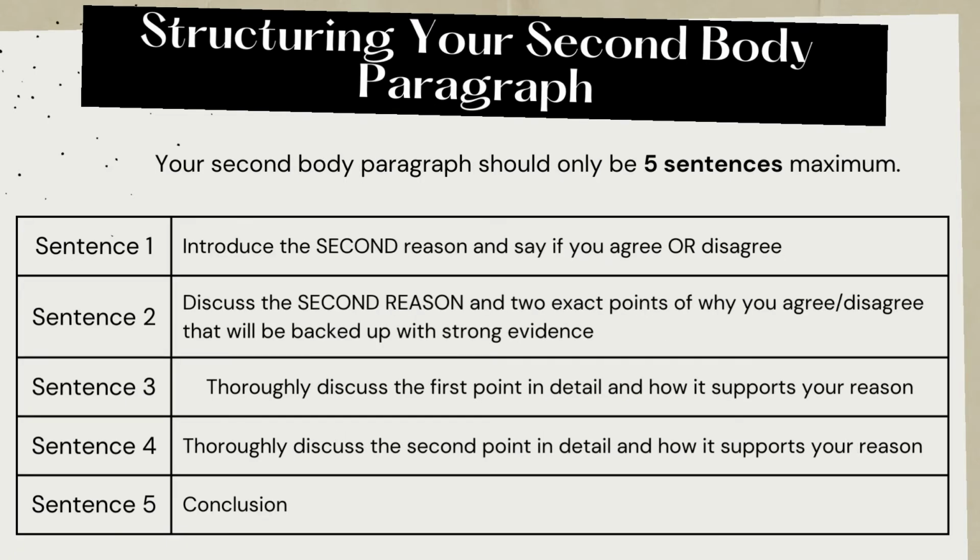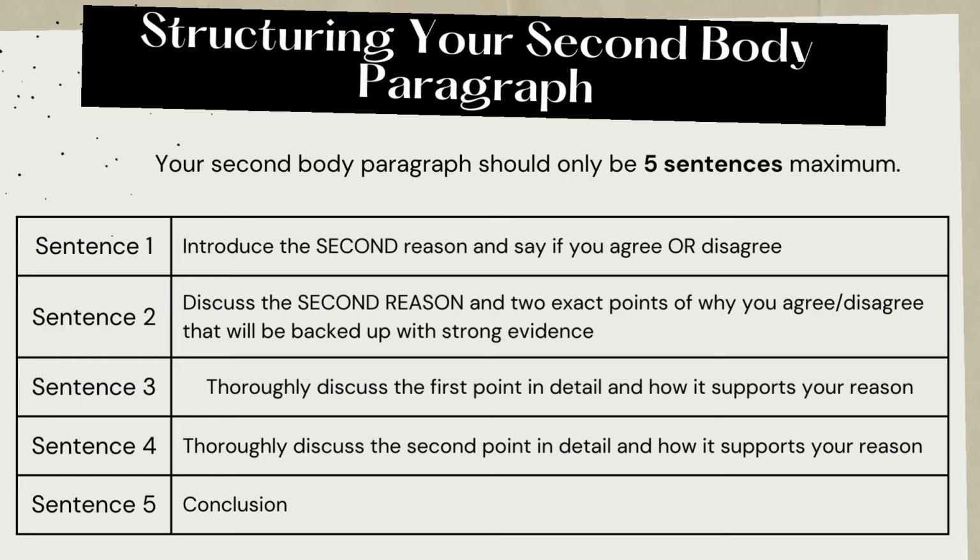So let's look at how you should structure your second body paragraph. Your second body paragraph, again, should not exceed 5 sentences. And each sentence, a good sentence, has about 15 words in one sentence. So a sentence meaning a period at the end of 15 words, pretty much.